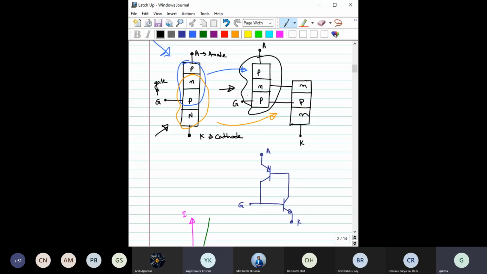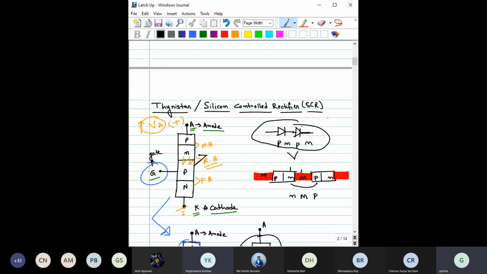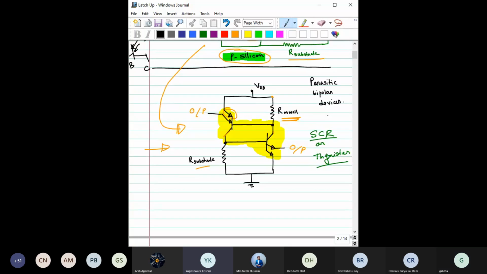If we represent it like this, then we can say that the equivalent circuit of this is like this. Are you getting some correlation between this and the previous page diagram where we have seen this? These two are now correlated. So the yellow highlighted region is basically the SCR or thyristor structure.